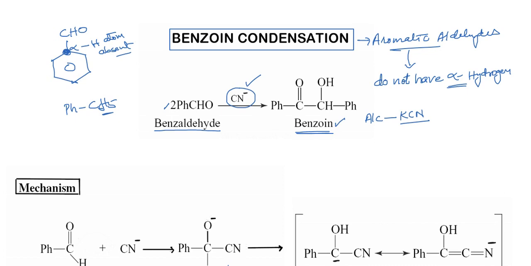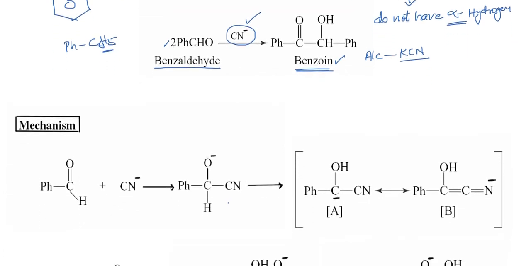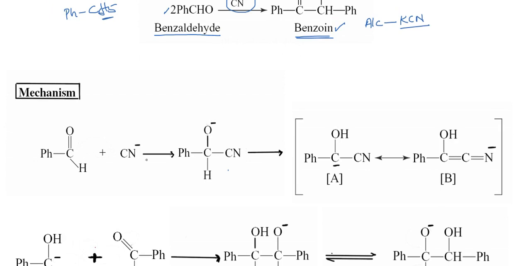Now let's see the mechanism of this reaction. First of all, what are we using? We are using this alcoholic KCN. तो alcoholic KCN से क्या मिला? K plus and CN minus ion. So this CN minus ion will act as a nucleophile.